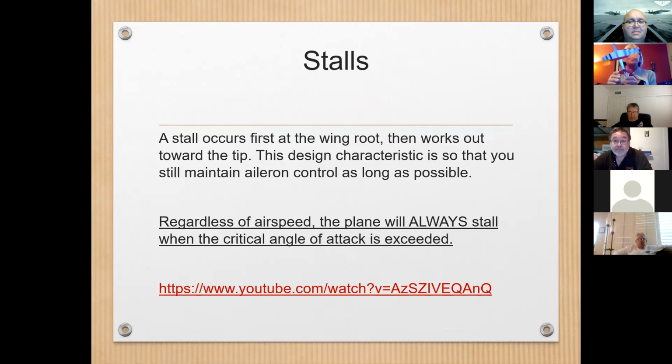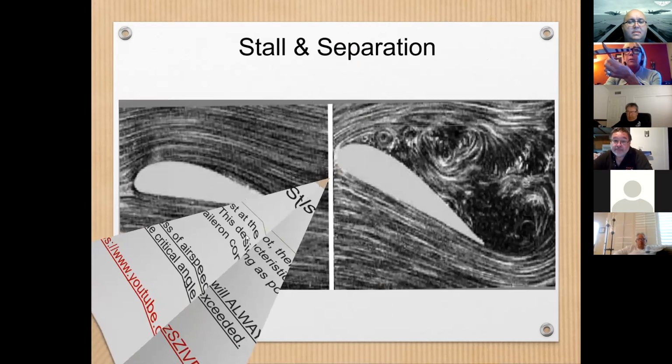What happens is the plane is designed so that the wing root, right by the fuselage, is where it stalls first, and then the stall moves out along the wing. That's because the designers want you to be able to use your ailerons as much as possible. So one wing will stall before the other wing.